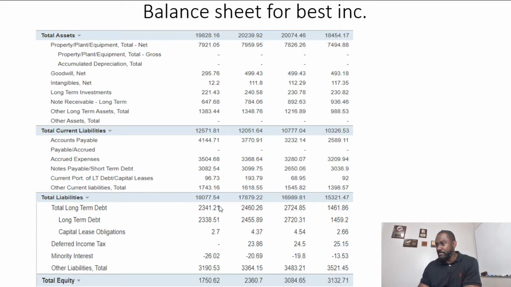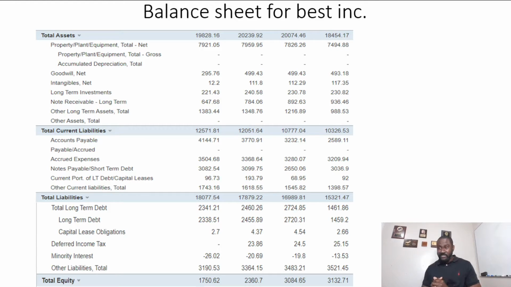Let's look at total liability: 15 million, 16 million, 17 million, and 18 million. So let's look at total equity. Equity is total assets minus total liabilities, to see how they work the assets. You can see they are positive in equity, right? 3 million, 3 million, 2 million, and 1.7 million.